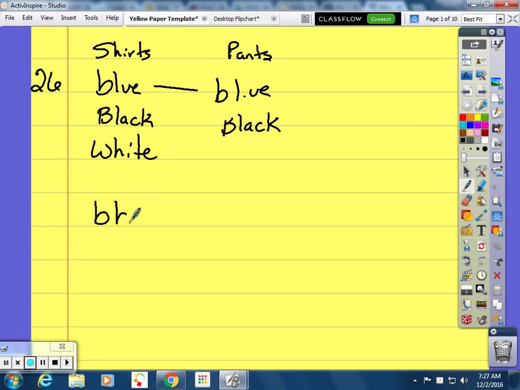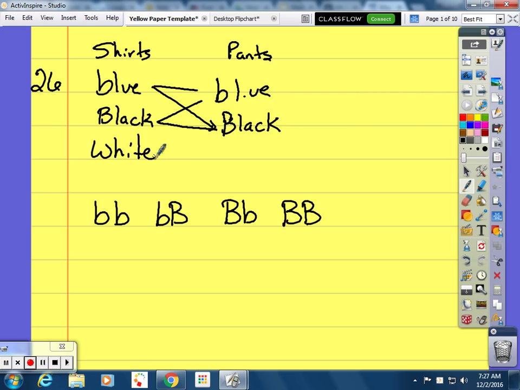I could still wear this blue shirt with these black pants, so I would have blue-black. Now that's the only combination that I have with my blue shirt. Then I could do black shirt with blue pants. Then I could do black shirt with black pants. Now I go to my white shirt with my blue pants. And then my white shirt with my black pants.